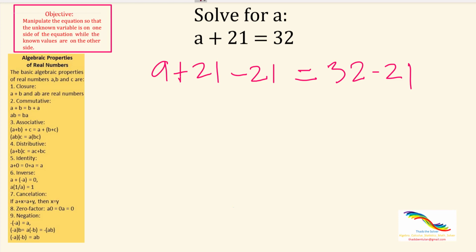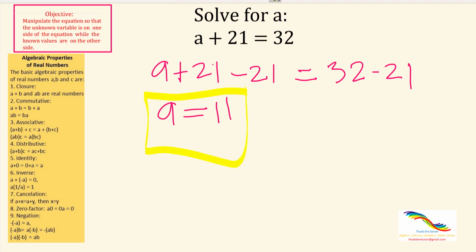So this a here now is all by itself, because this 21 here cancels out, it becomes 0. 21 minus 21 is 0. Now here you have 32 minus 21, a equals 11. Okay, so a equals 11, and that is our answer.